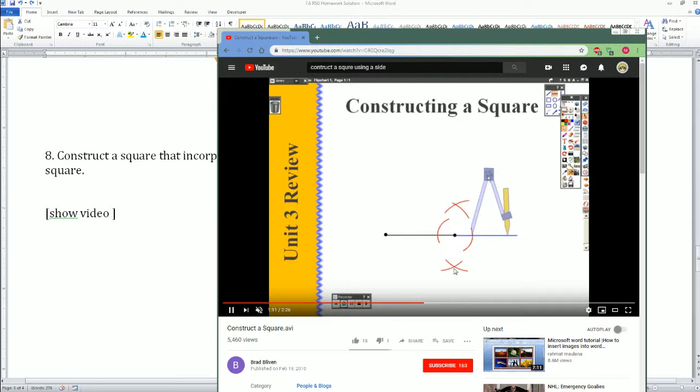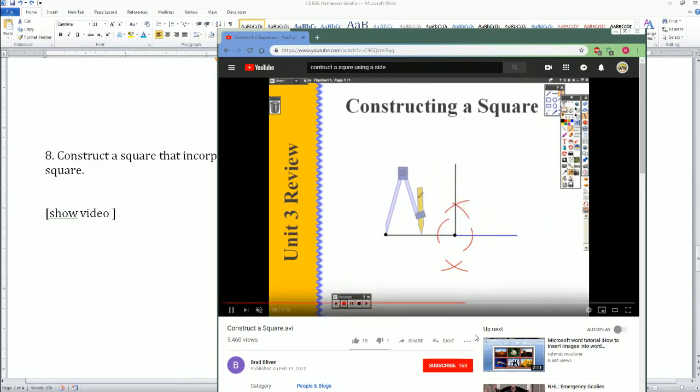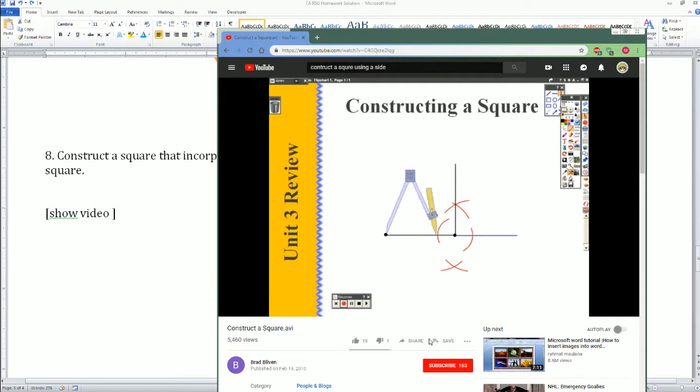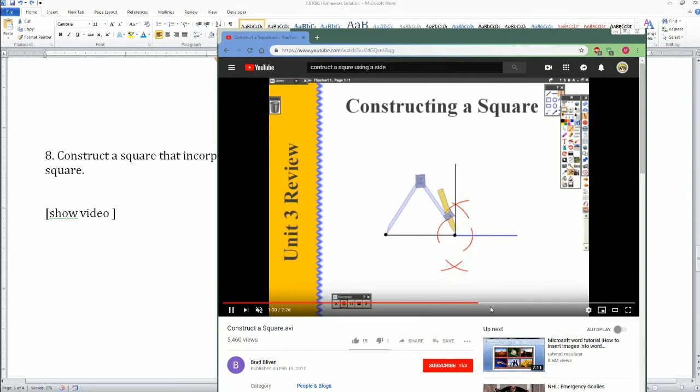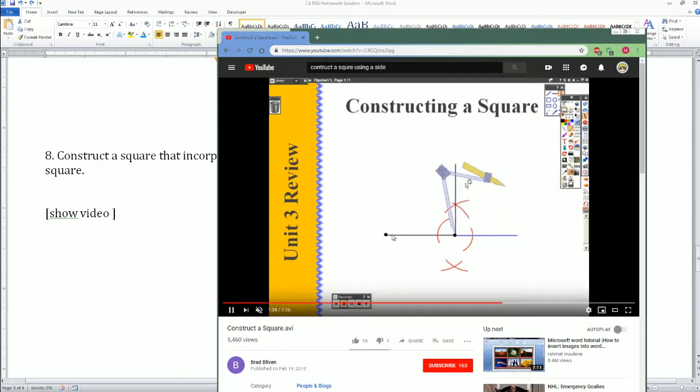Those are your two x's, or your intersections from the circles. Now he's gonna connect that point up. He's going to create a line going up and a line going down if he wants to. Now he repeats basically the same process. He connects that radius. Now he constructs a larger circle.